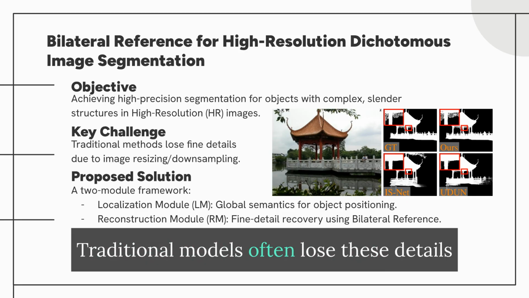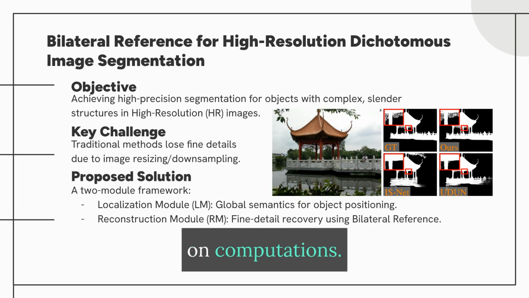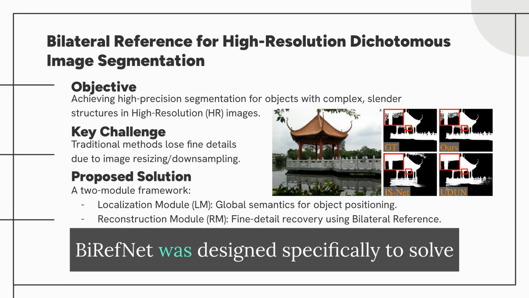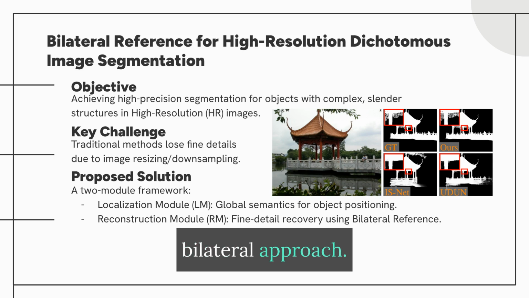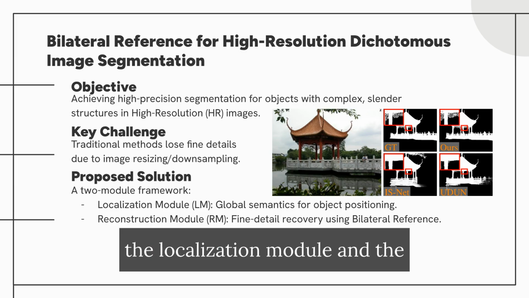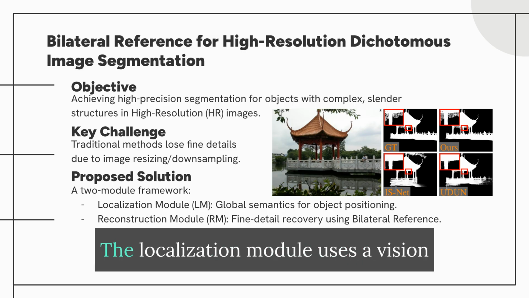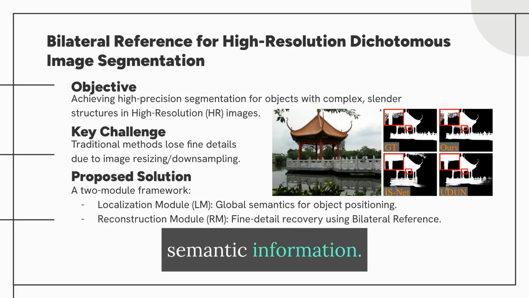Traditional models often lose these details because they downsample images to save on computation, but BiRefNet was designed specifically to solve this problem. The core innovation of BiRefNet is its bilateral approach. The network is divided into two main modules: the localization module and the reconstruction module. The localization module uses a vision transformer backbone to capture global semantic information.